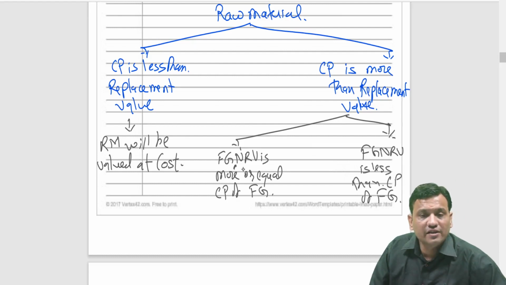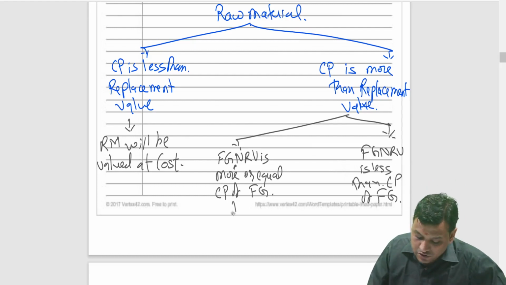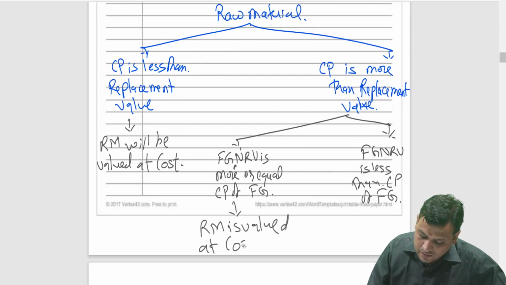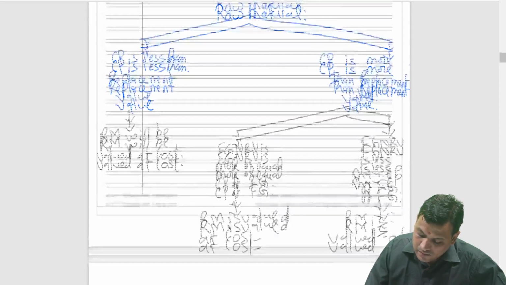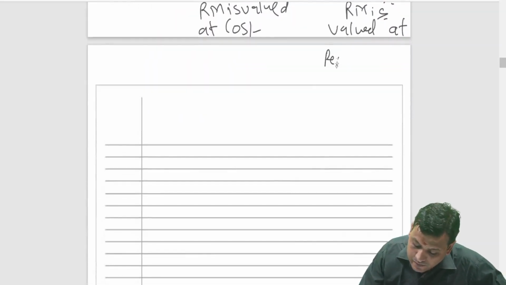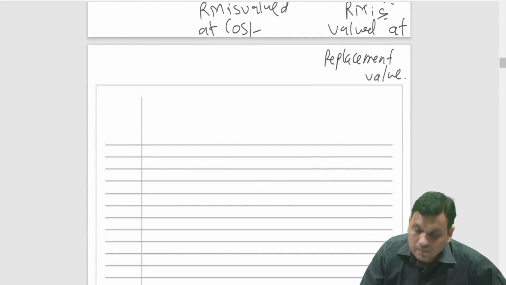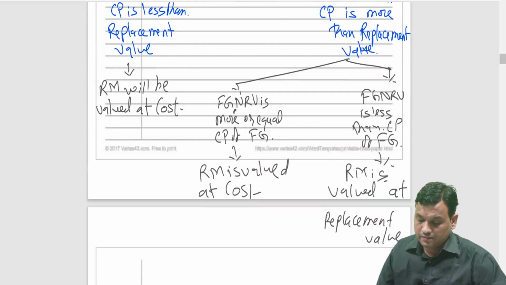If finished goods NRV is more than or equal to the cost price of finished goods, then raw material is valued at cost. But if finished goods NRV is less, then raw material is valued at replacement value. Clear?